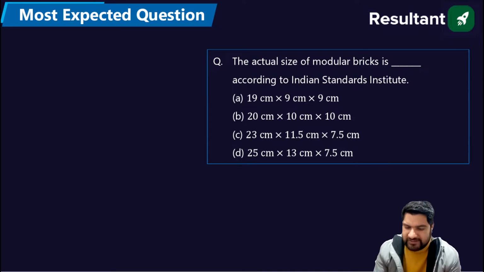The actual size of the modular brick. The actual size of the modular brick is what? Himanshu, A, D or A? Okay, A. The actual size of the modular brick is dash according to the Indian Standard Institute.